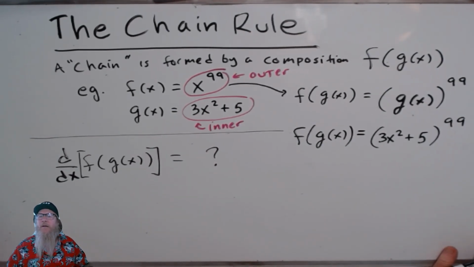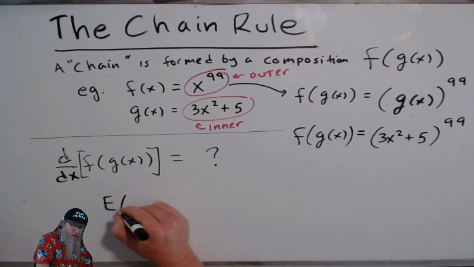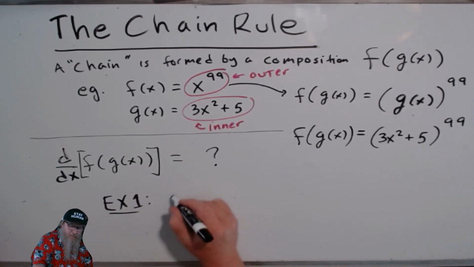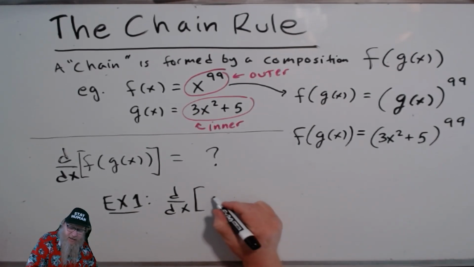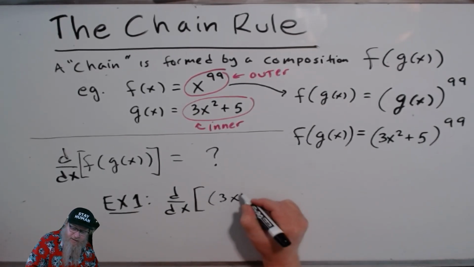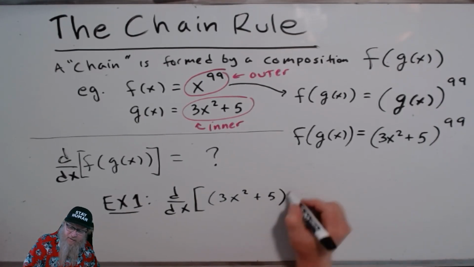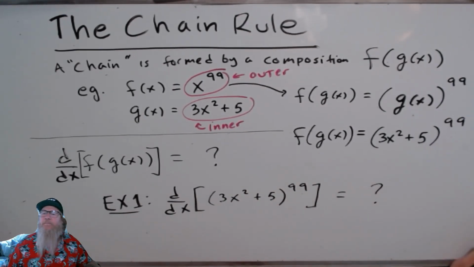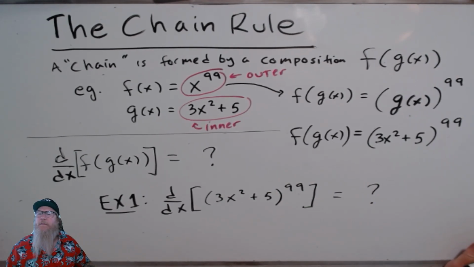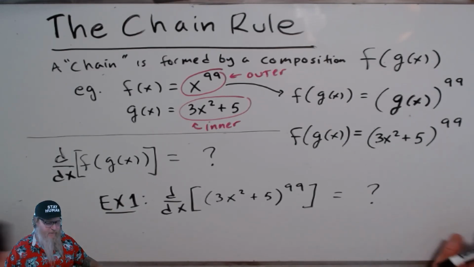Okay, so let's call this example 1. Let's find the derivative of the chain 3x squared plus 5 to the 99th power. How would I do that? Well, it would be very difficult.